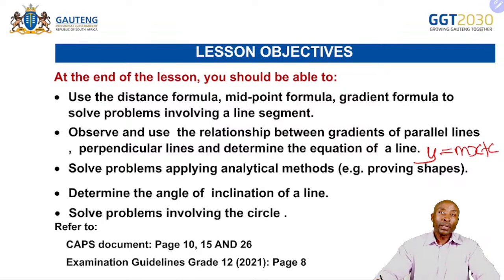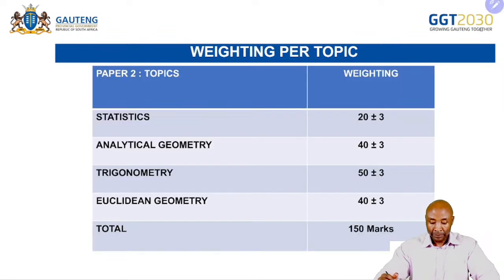And we should also be able to solve problems that involve a circle. And you are aware that a circle has its own equation, it has a tangent, it has a radius, and it has chords. So we should remember to revise all the parts of a circle and how we can solve problems involving the circle.